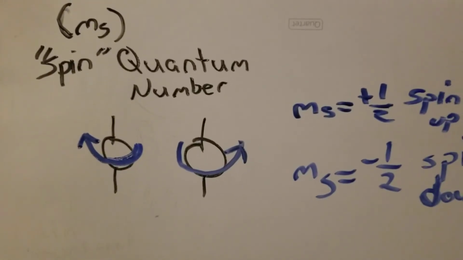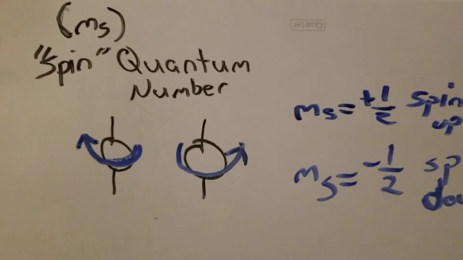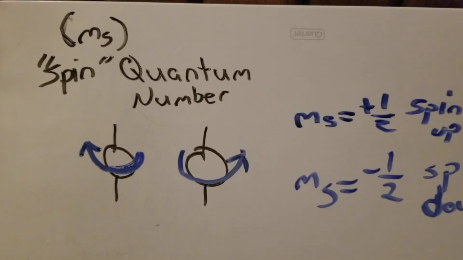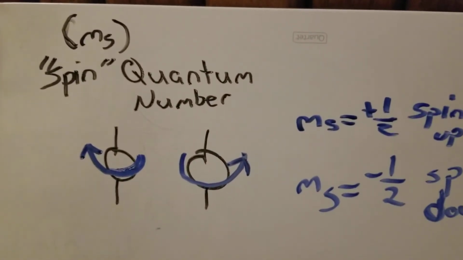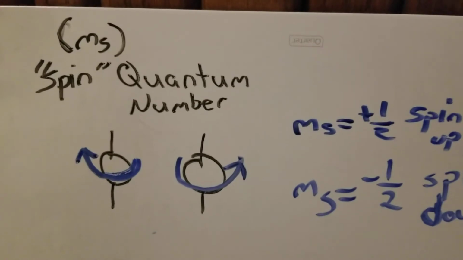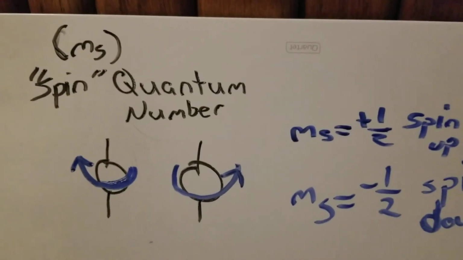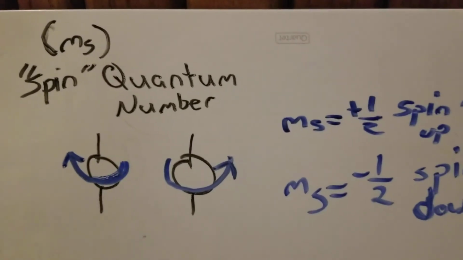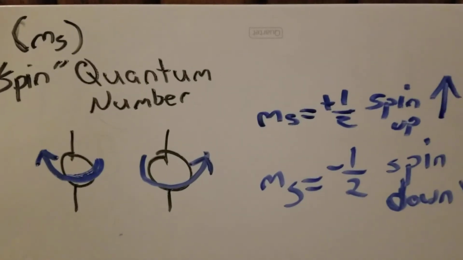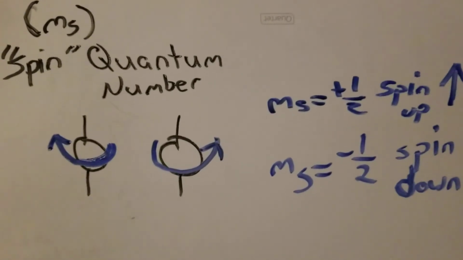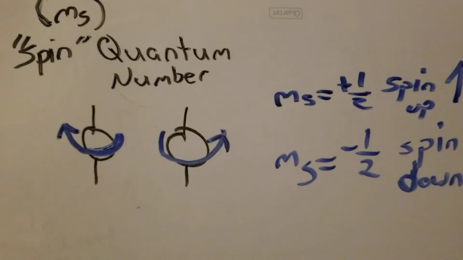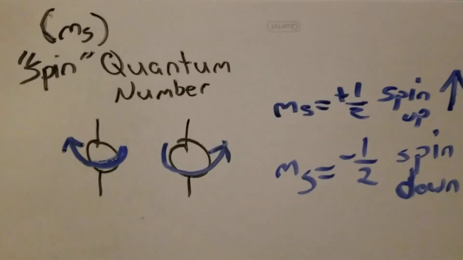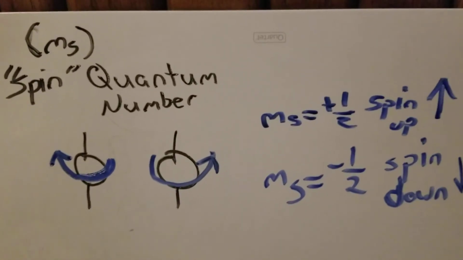Our last quantum number we're going to refer to as the spin quantum number, or m sub s. Now, although we call this the spin quantum number, you do need to have an understanding that we're not actually saying that the electron is spinning in reality.